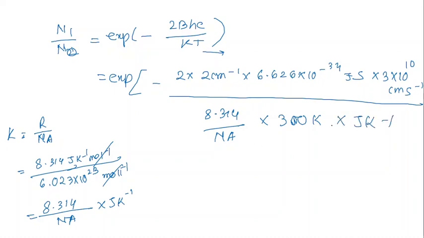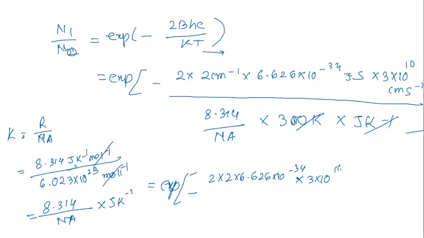This is the unit of this, okay? I'm writing it here. Now we'll separate the values and the units. 8.314 by Na, this is the Avogadro number, okay? Na into 300.